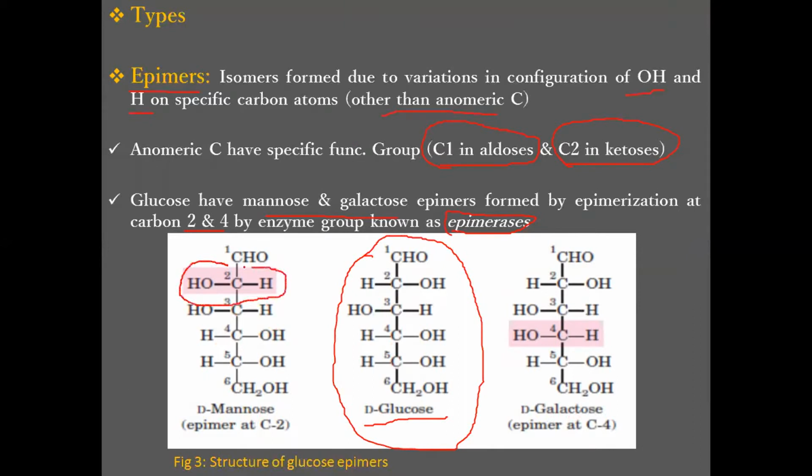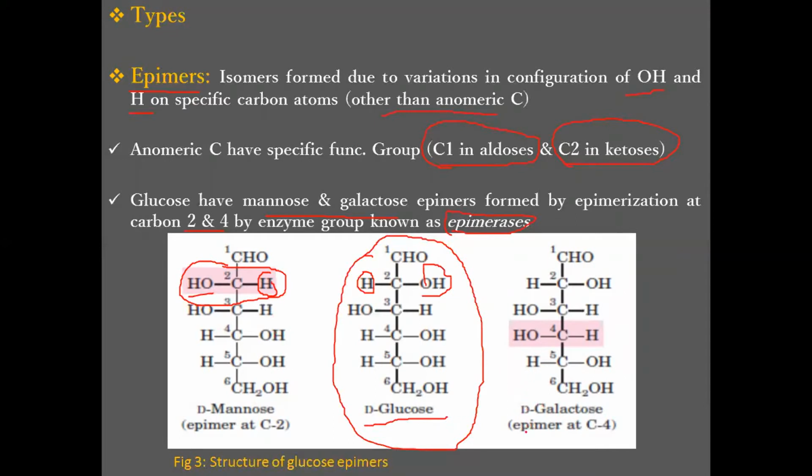You can see here the carbon 2 configuration in glucose: OH is at the right side and H at the left side, but mannose has the hydrogen group at the right side and the OH group at the left side. So mannose is an epimer of glucose.